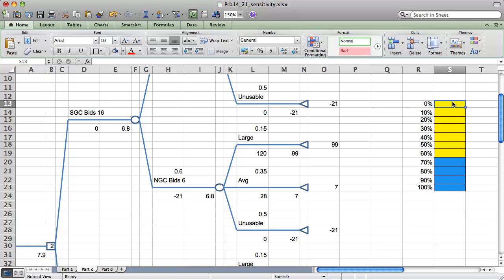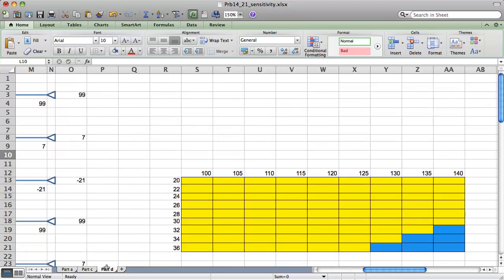And then finally, to complete problem 21, another good reason for providing you with a working spreadsheet is that you can do more thorough sensitivity analysis. Here, what you're trying to do is to vary the expected value of the large strike versus the average. Right now, it is set at 120 million and 28 million respectively.